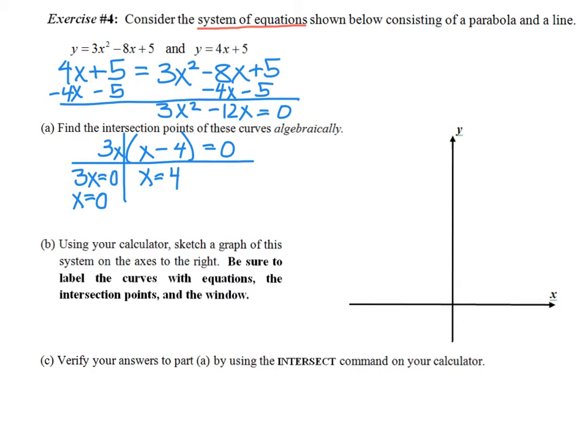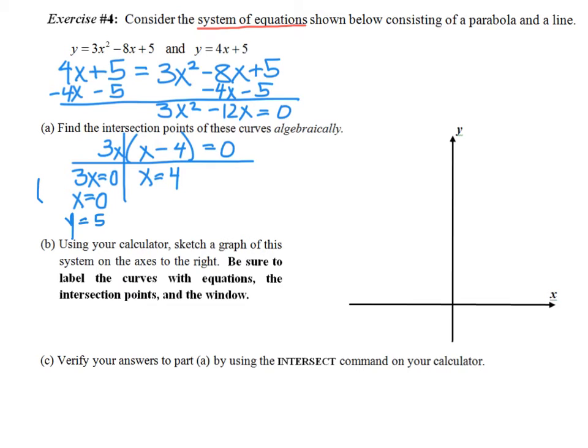So the parabola and the line have 2 points in common, but I of course need to find the y-coordinate that goes with each x. It doesn't matter which equation I use to substitute the x back in to get the y answer. So if I substitute 0 into either of them, I'm getting y equals 5.